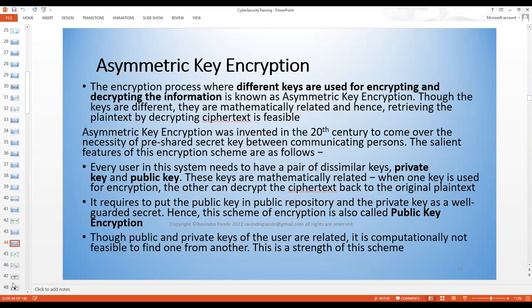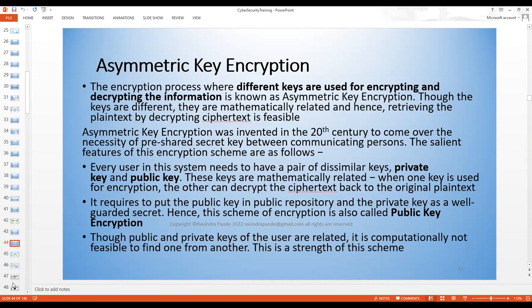Asymmetric key encryption, as we see, uses different keys. So we are talking about one key at one end and another key at the other end. It is an encryption process where different keys are used for encrypting and decrypting the information, also known as asymmetric key encryption. Though the keys are different, they are mathematically related.